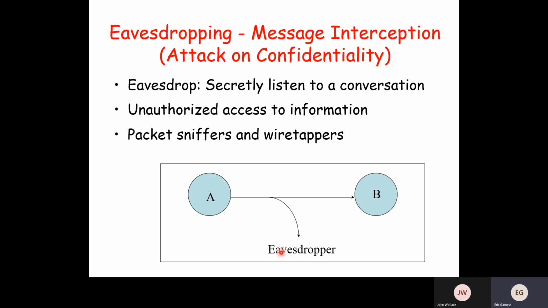Because Trudy does that secretly. And it's very difficult to detect that somebody is listening to your conversation. It's difficult to detect. It's why you need cryptography. So even if they have a copy, you don't worry, because they are not able to go from the ciphertext to the plain text, the encrypted text to the clear text, no? They will not be able. So it's why you need that. So this is called eavesdropping.